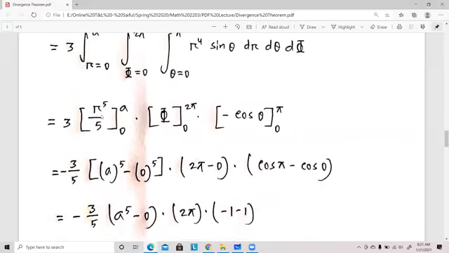Now if we impose the limits of the integral, upper limit, lower limit, first for r, 3 by 5 a to the power 5 minus 0 to the power 5, since the lower limit is 0, and for phi twice pi minus 0, and for theta কি হবে যে আমাদের cos pi minus, and মাইনাস যেটা ছিল সেটা আমাদের সামনে চলে আসছে, তো আমাদের থাকবে cos pi minus cos 0.